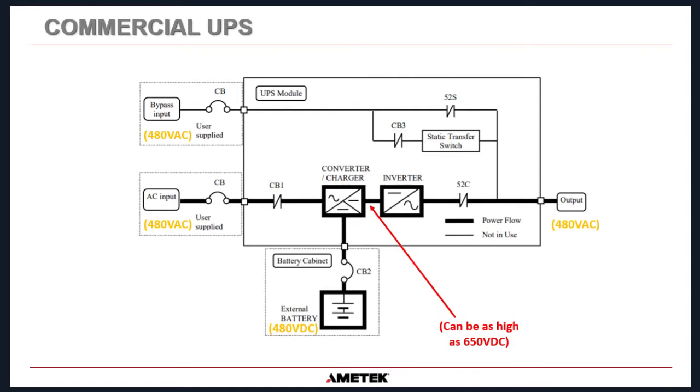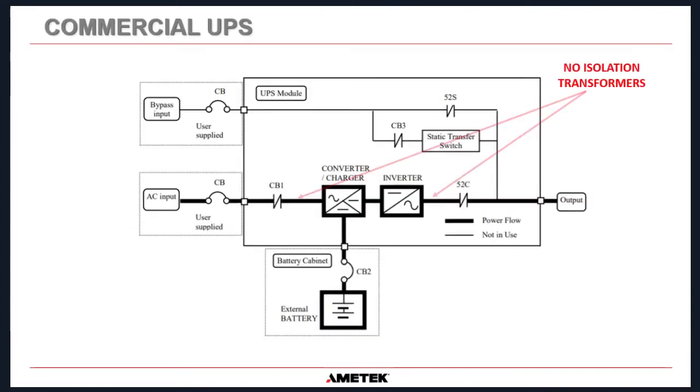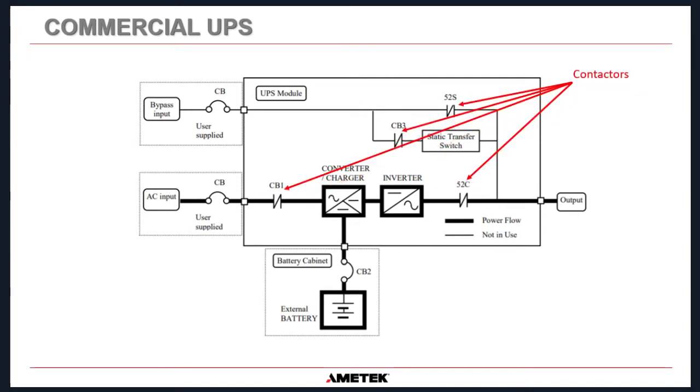And the other thing about a commercial UPS you can see here is there is no input transformer and no output transformer. If I go to this side here, there's no isolation transformers on this UPS, and we'll discuss that a little bit later on. The other thing about the commercial UPS is they have contactor arrangements in most cases, because they don't have that transformer, just in case there is a failure inside the UPS.